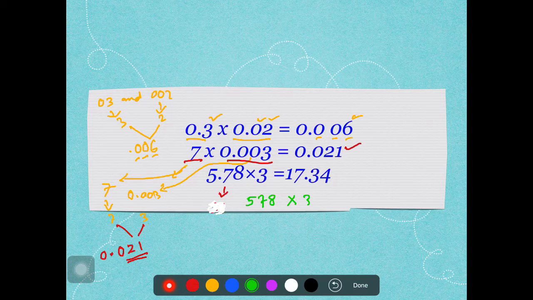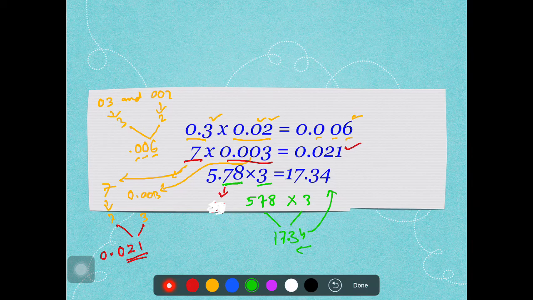Now if you multiply 578 by 3, you get 1734. And how many decimal places are there? Here we have 2 decimal places, and here we have no decimal places. So in the answer we shall have 2 decimal places. Just count from right, 1, 2, so you put it here. So it becomes 17.34, right? In this way, we can multiply decimals by another decimal.